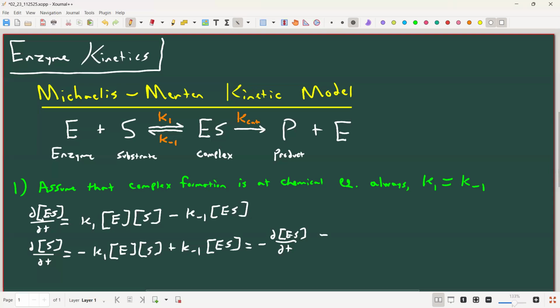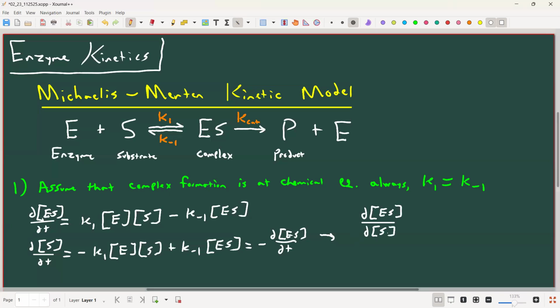Right, and so what we have, because K1 and K minus 1, what we can now think about is the ratio of the change in ES divided by the ratio of the change of the reactants.